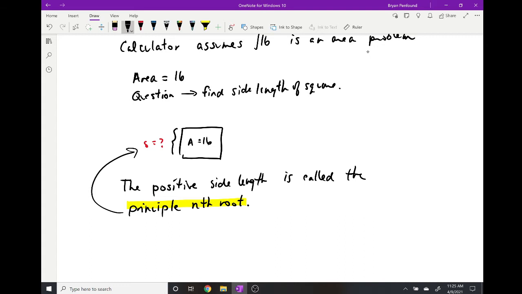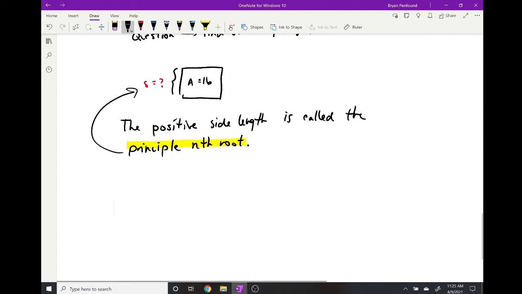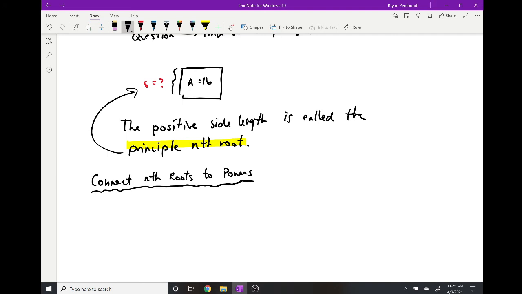Okay, with that little introduction about nth roots, I want to make a connection from nth roots back to powers.